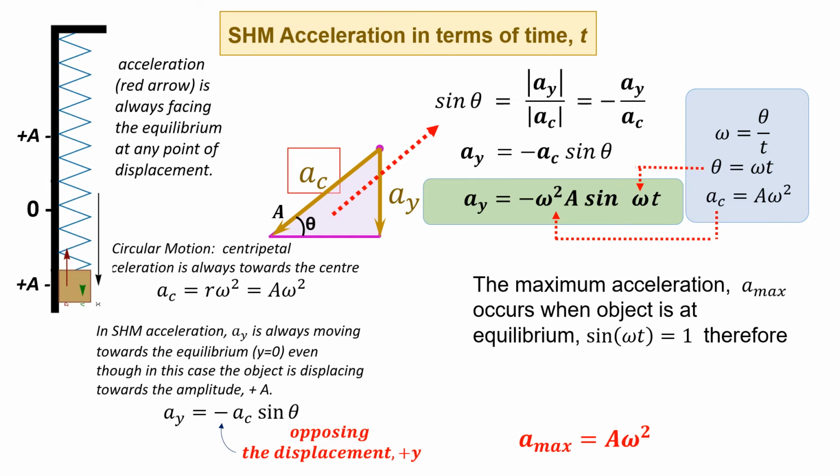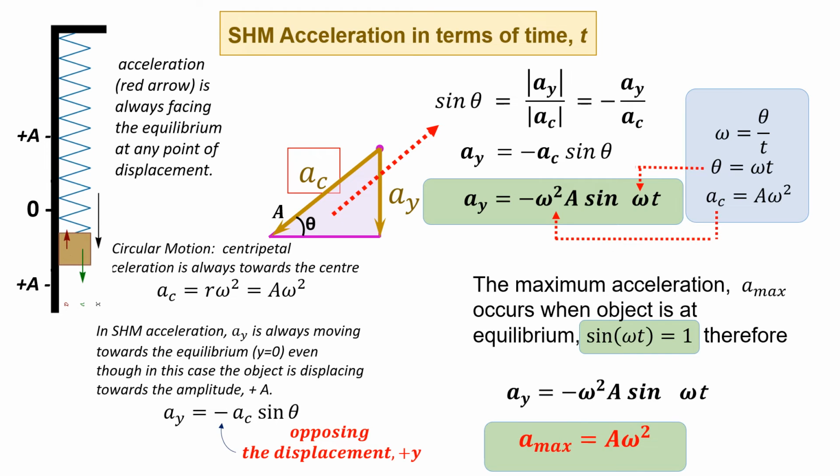Ketika bila AY is maximum? AY is maximum when sin omega T is equal to 1. So A maximum become omega square A. A maximum is equal to omega square A. Maximum displacement is equal to amplitude.